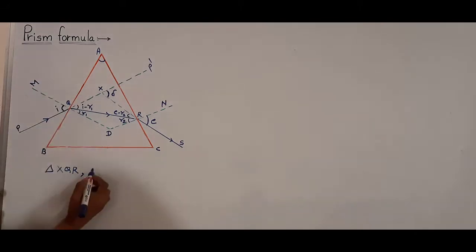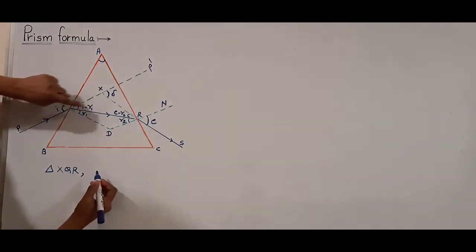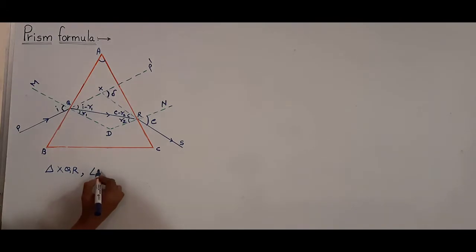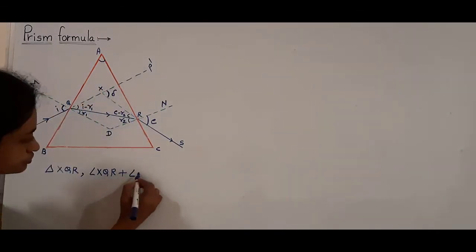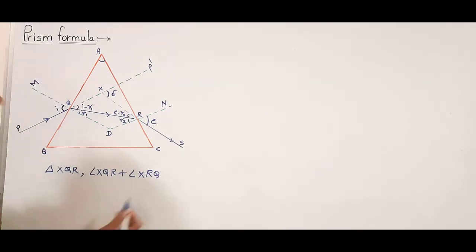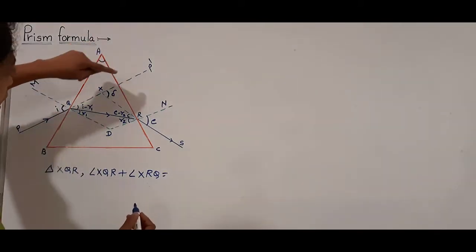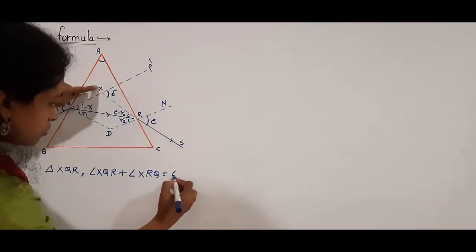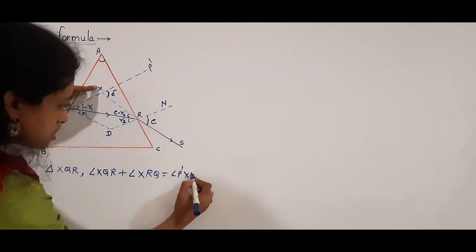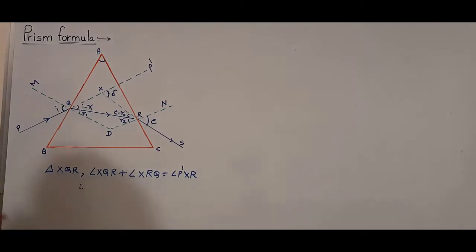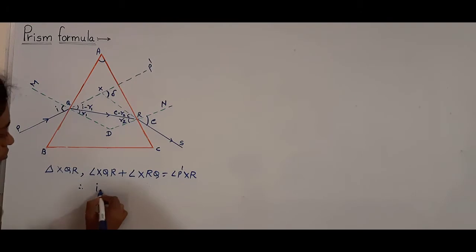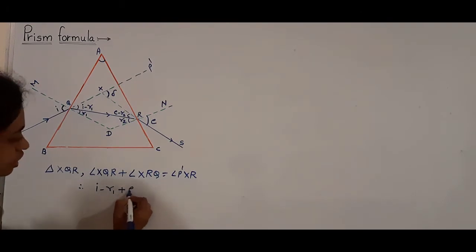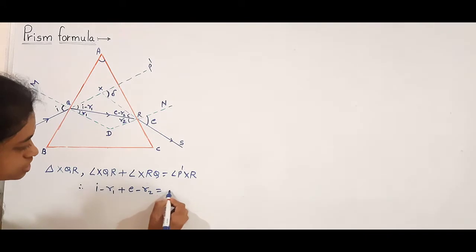Means we can write here angle XQR plus angle XRQ is equal to angle P dash XR. Therefore, putting the values of these angles, we can write I minus R1 plus E minus R2 is equal to delta.